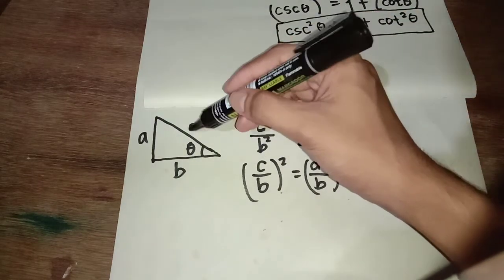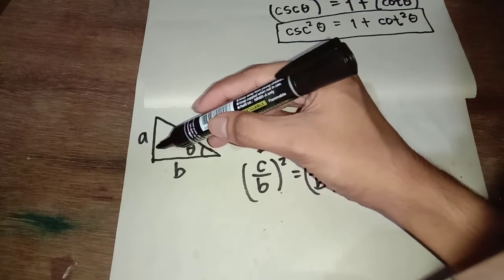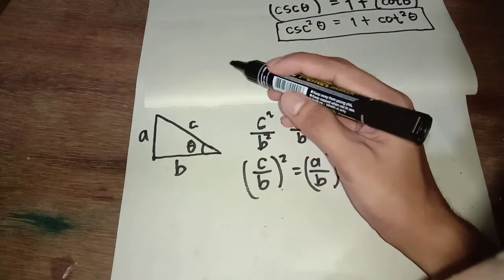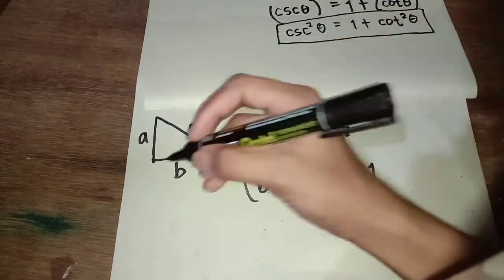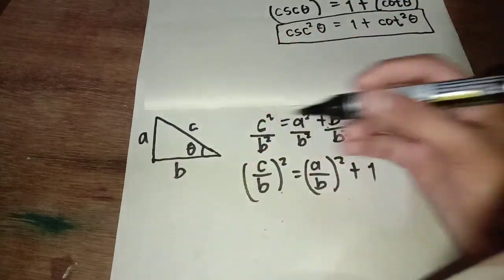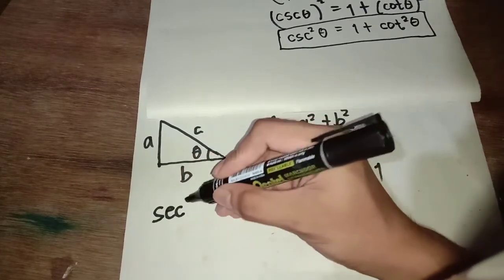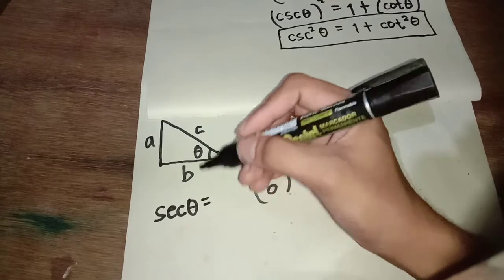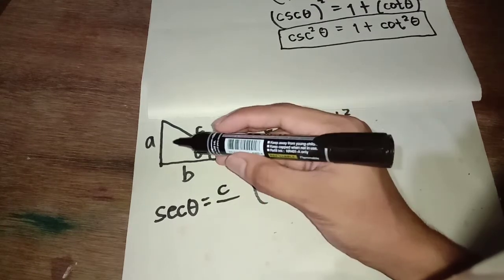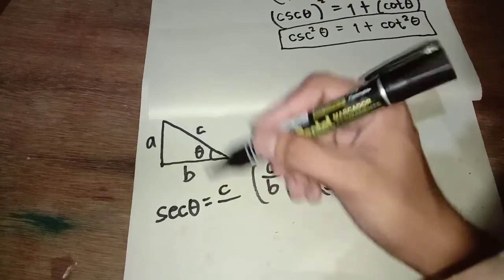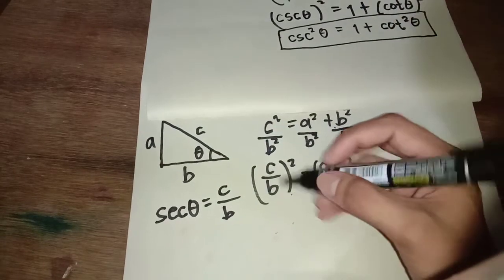So, c over b is the hypotenuse over the adjacent side, and the hypotenuse over the adjacent side is the reciprocal of cosine, which is secant. Dito, secant theta is equal to hypotenuse c over adjacent side b. Bali dito, pa-plug natin siya.